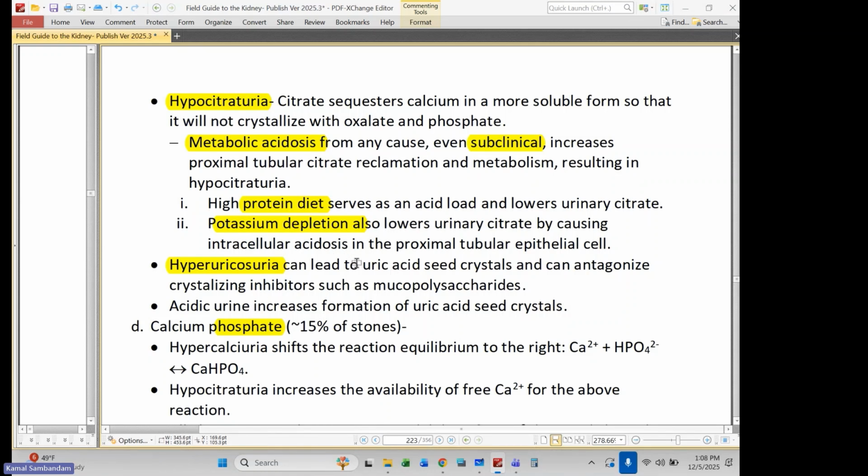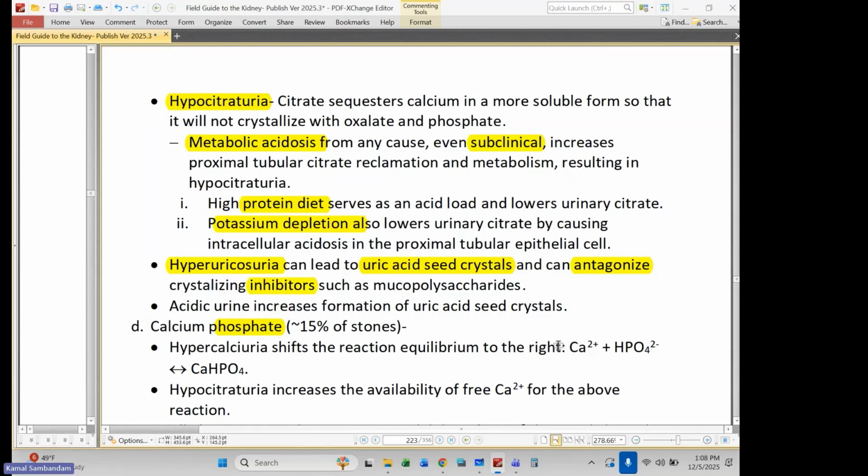Okay, how does this all make sense? Well, uric acid can be the initial nucleating seed around which a calcium oxalate stone forms. There's also an effect of uric acid as an antagonist of stone inhibitors.